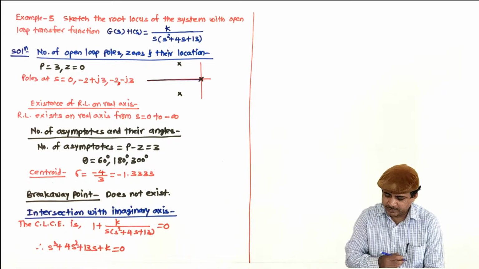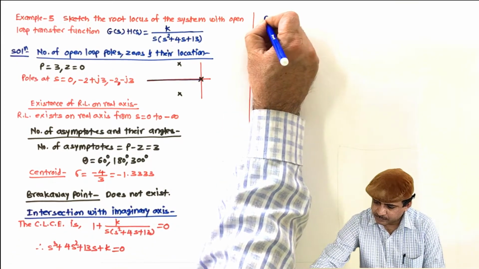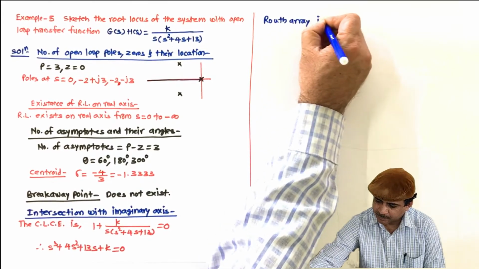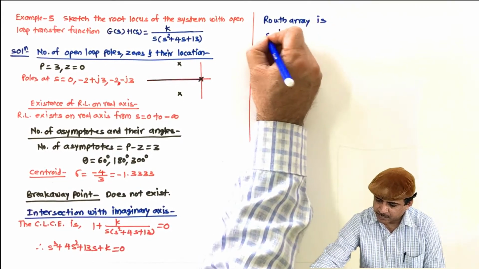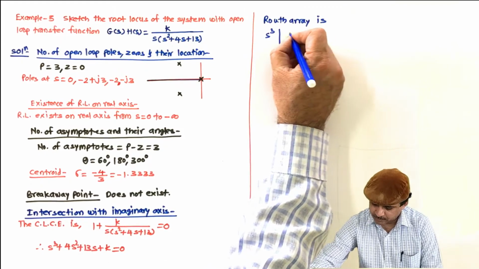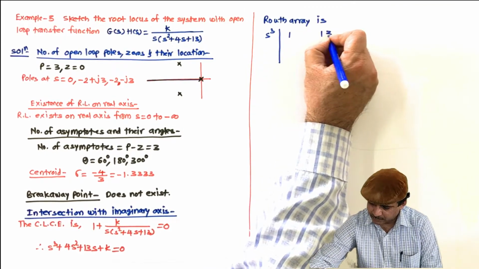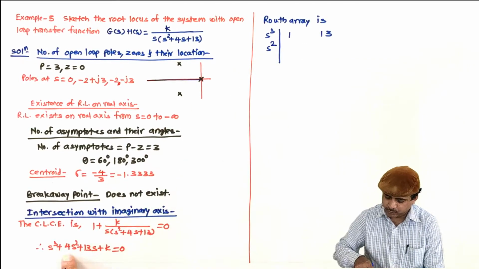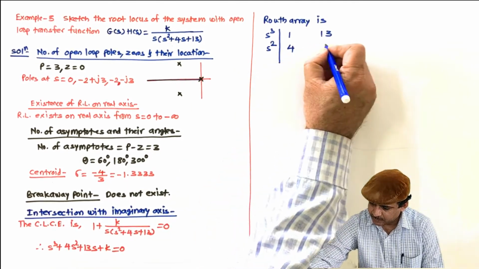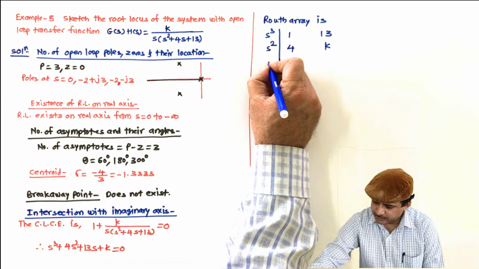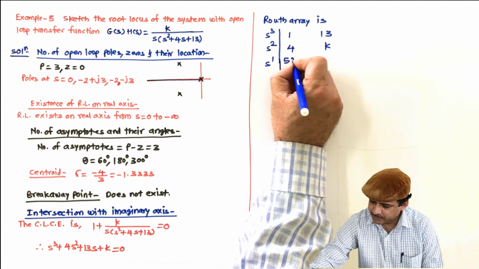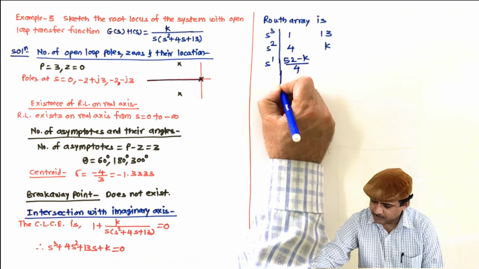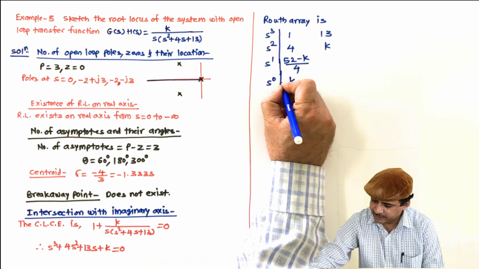Then the Routh array will be s cube 1 13, s square 4 k, s raised to 1 52 minus k divided by 4, and s raised to 0 will be k.